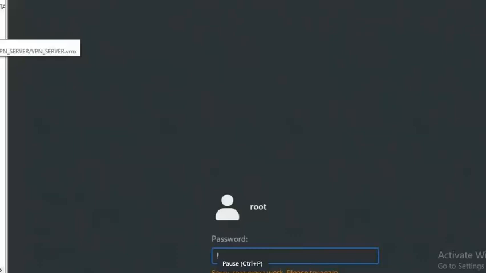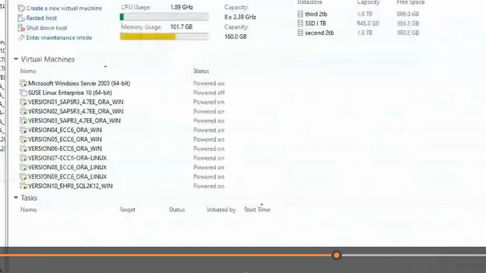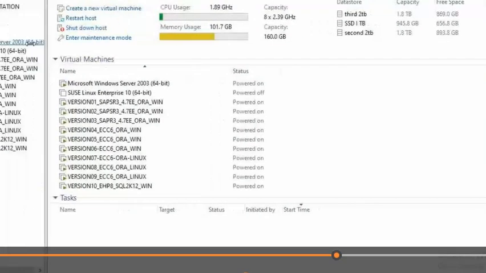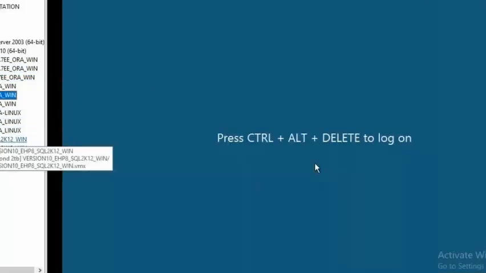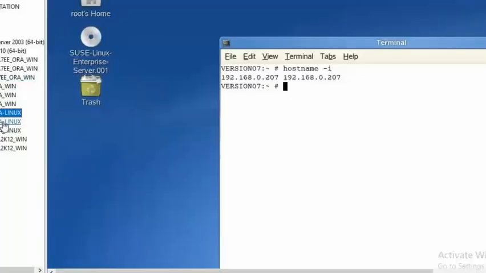On top of it, we have another hardware. On this hardware, how many systems are configured? You can see, these are Windows systems. These are ECC systems, R/3 systems. These are Linux systems. So that means we have Oracle, MS SQL, MaxDB, Sybase, HANA. Each and every database you have in the SAP world is listed here.